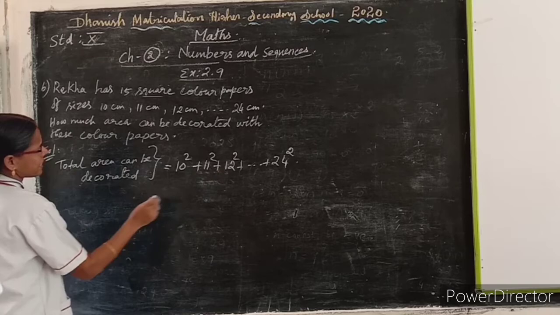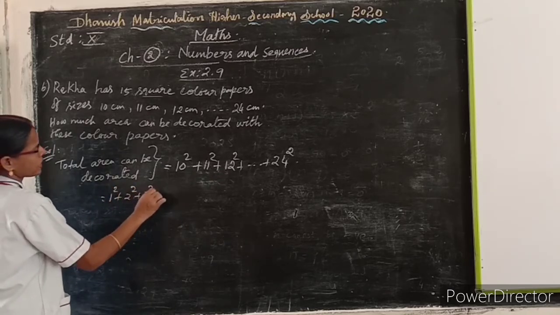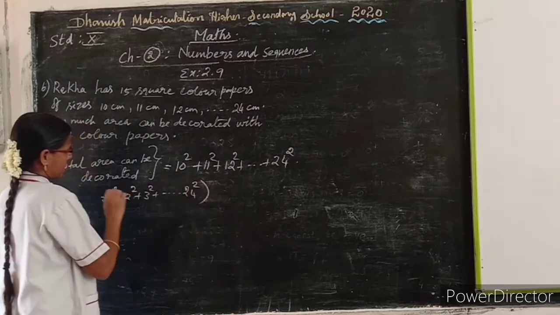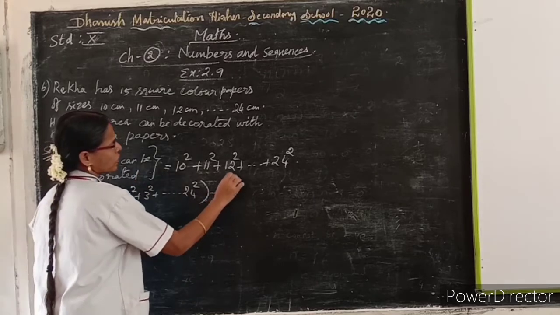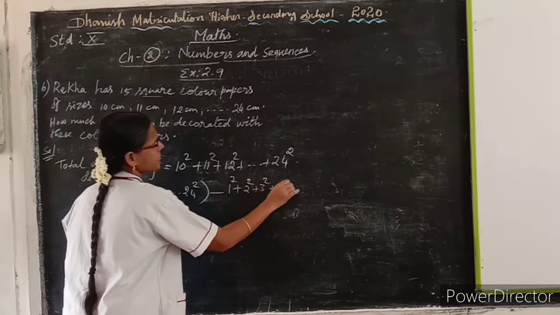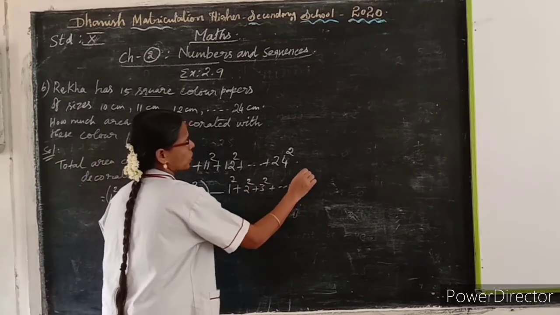First rearrange this series: 1 square plus 2 square plus 3 square plus etc., up to 24 square. Subtract the series 1 square plus 2 square plus 3 square plus etc., up to the number before 10, which is 9, so 9 square.